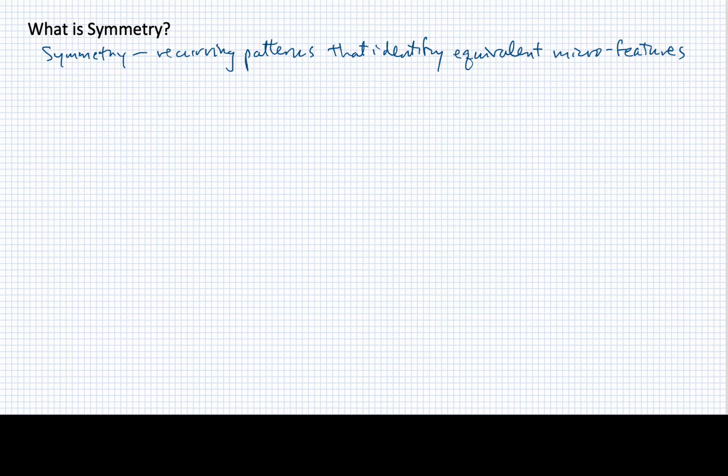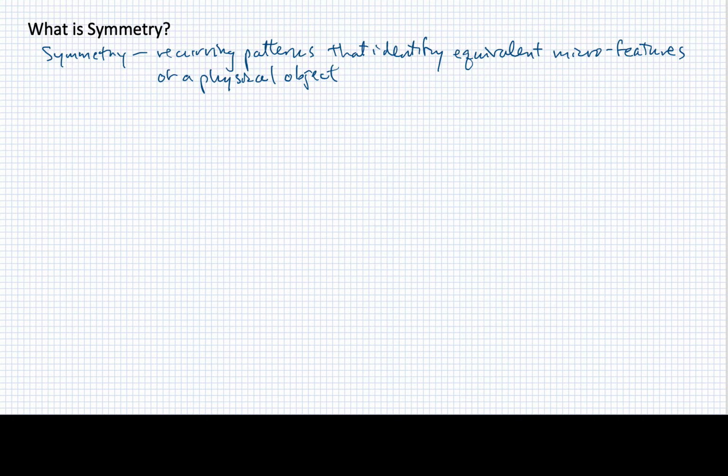And we'll say that these pertain to a physical object. Now, what do I mean by this equivalent microfeatures?